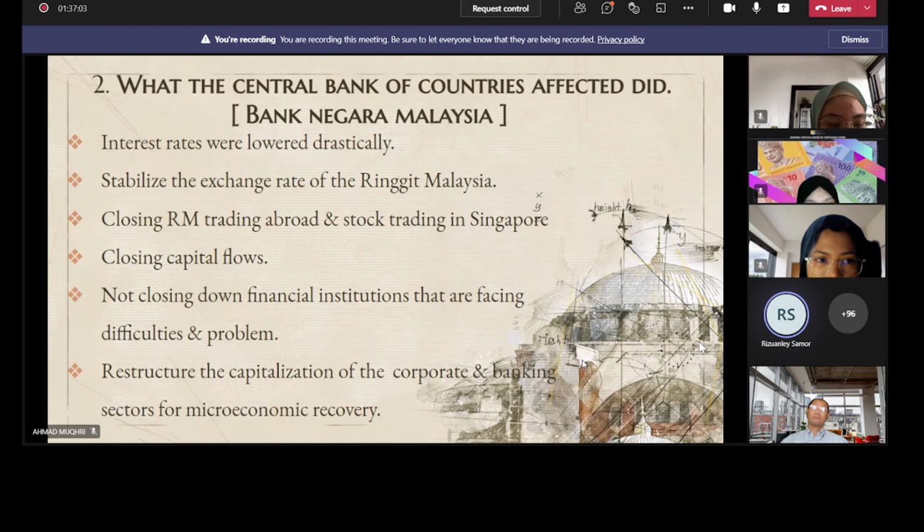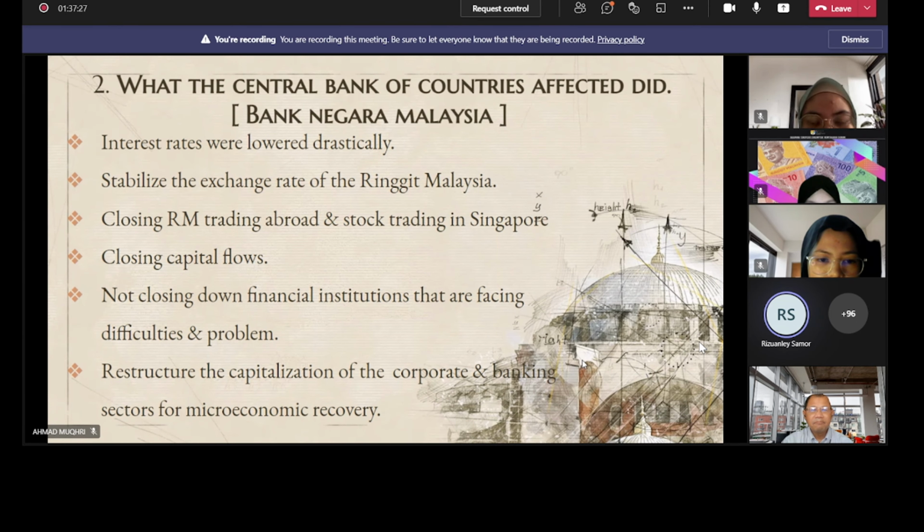Moving to the next point, controlling capital flows. This action is to control the flows of short-term capital, especially by foreigners and local people. This restriction is to prevent the transfer of capital by people and local companies.